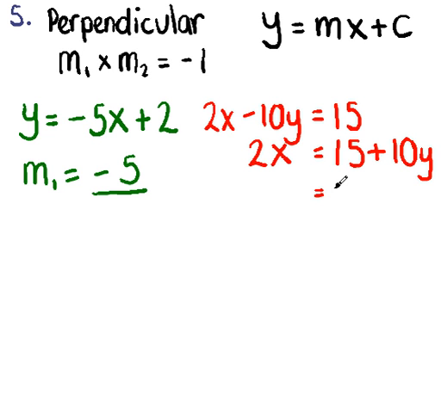What we want to do next is get a number alongside the x. So first things first, we'll flip this round. If 2x equals 15 plus 10y, then 15 plus 10y is equal to 2x. All we have done on that line is just flip the sides round.